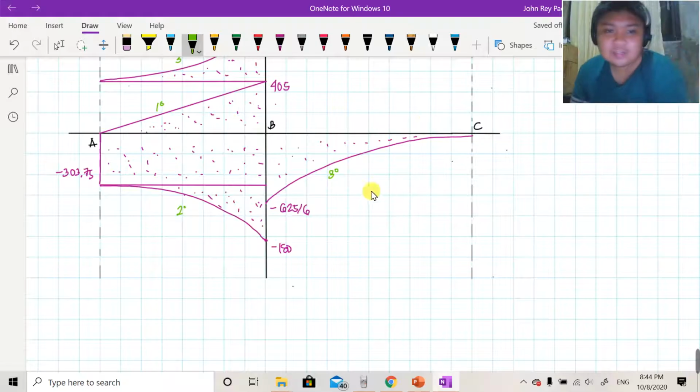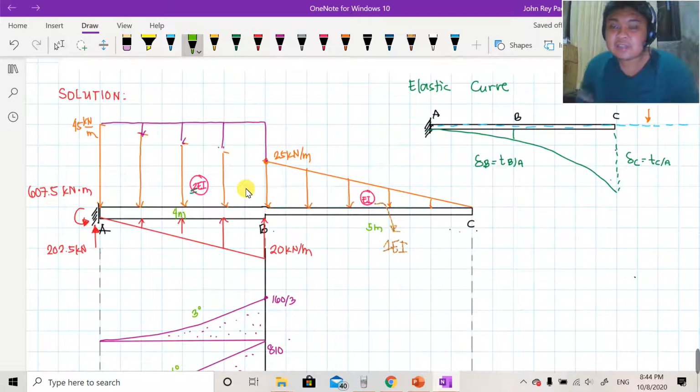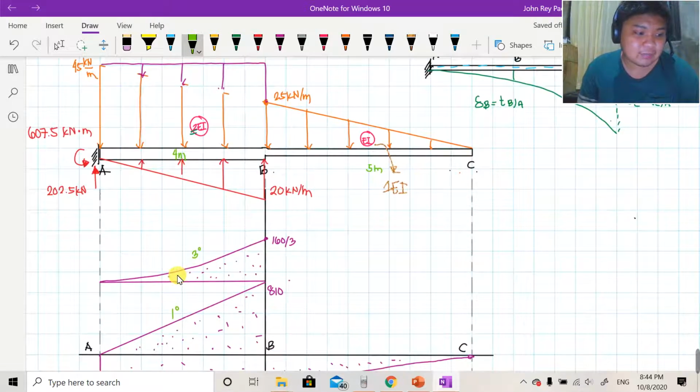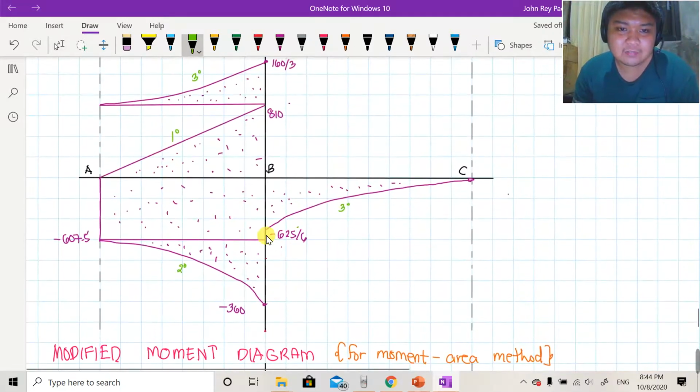Okay? So, ulitin ko, no? Sa modified moment diagram, tiningnan mo yung coefficient ng flexural rigidity. So, nagkataon kasi na ito, 2EI. So, lahat ng heights sa kaliwa class or sa segment AB, dapat i-divide mo din siya class ng 2. So, from 160 over 3, naging 80 over 3. Tapos, from 810, naging 405.